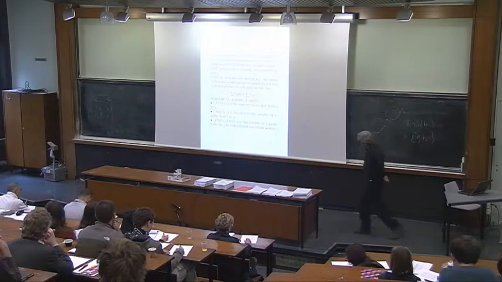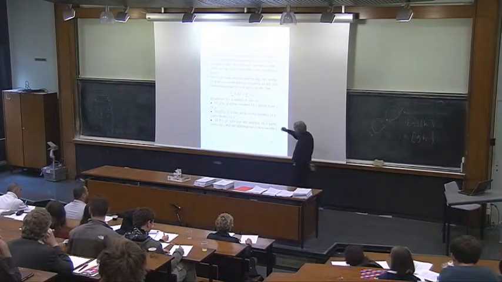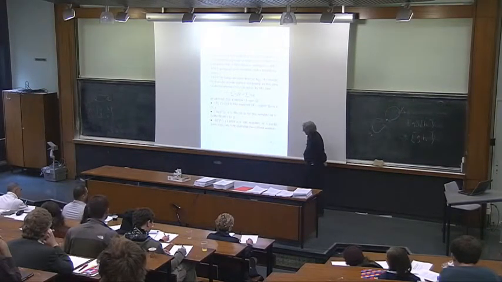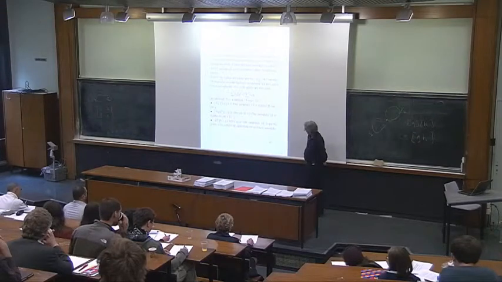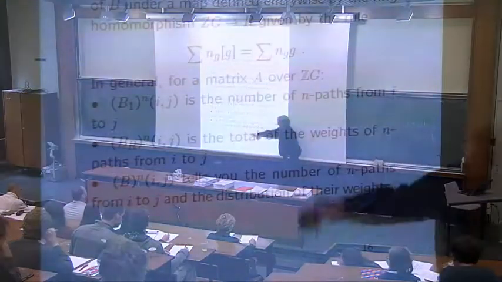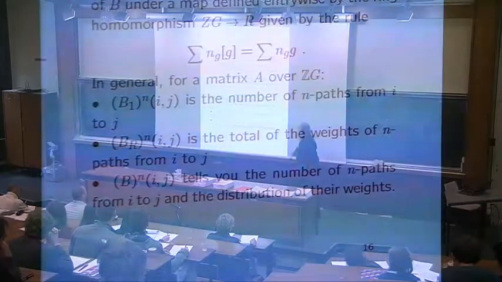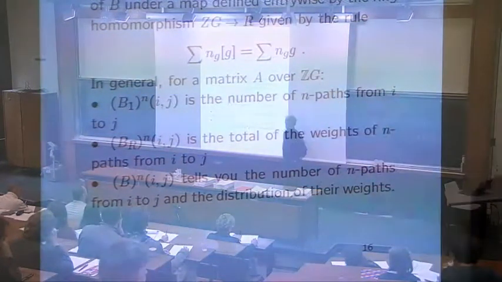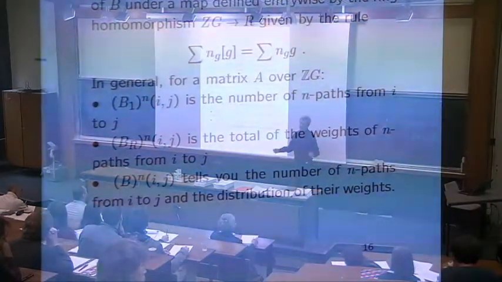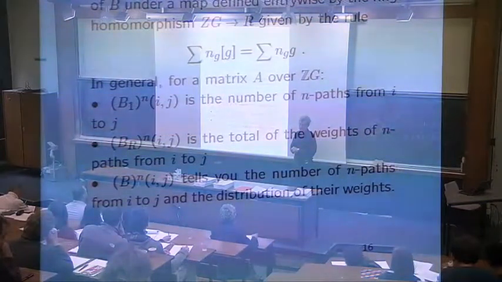So in general, for a matrix over ZG, if I'm thinking about these graphs, there's a little more going on here than with Z, because I'm taking non-negative integral coefficients.